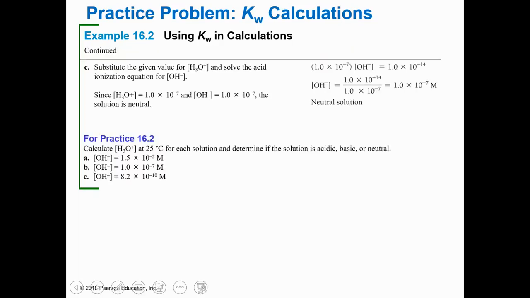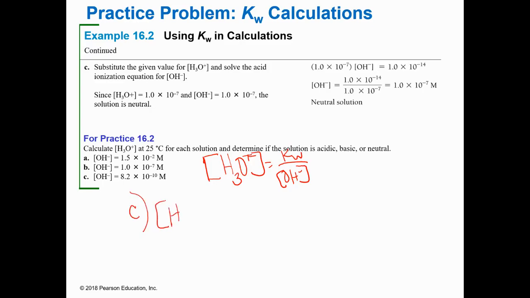Okay. I'm going to do one of these. I'm going to do the bottom one. So using that same equation, you rearrange it and you get Kw over OH. Just notice that Kw is always on top. So for C, I've got that H3O plus is 1 times 10 to the negative 14 over 8.2 times 10 to the negative 10.